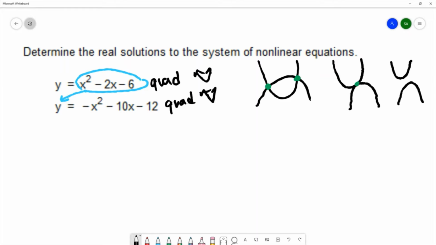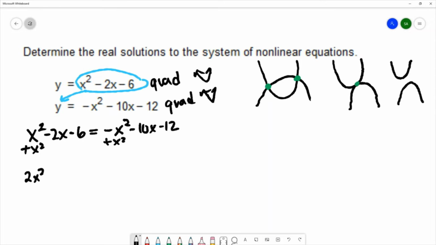When I make that substitution, I'll have the equation x squared minus 2x minus 6 equals negative x squared minus 10x minus 12. This gives me a quadratic equation, and I want to move all the terms to the same side. So I'm going to add x squared on both sides, giving me 2x squared on the left.